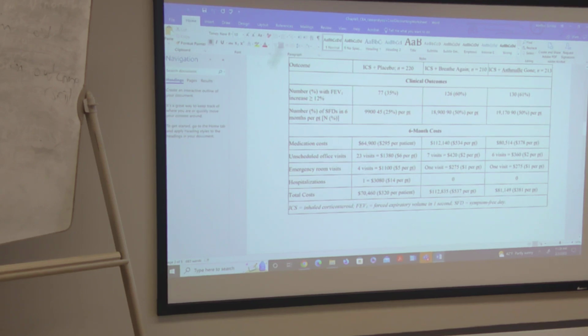The success rate is 35%. And the cost per patient was given below to be $320 for the first outcome. Then for breathe again, it's 60% for success rate and 90 for symptom free days, and cost per patient was 537.